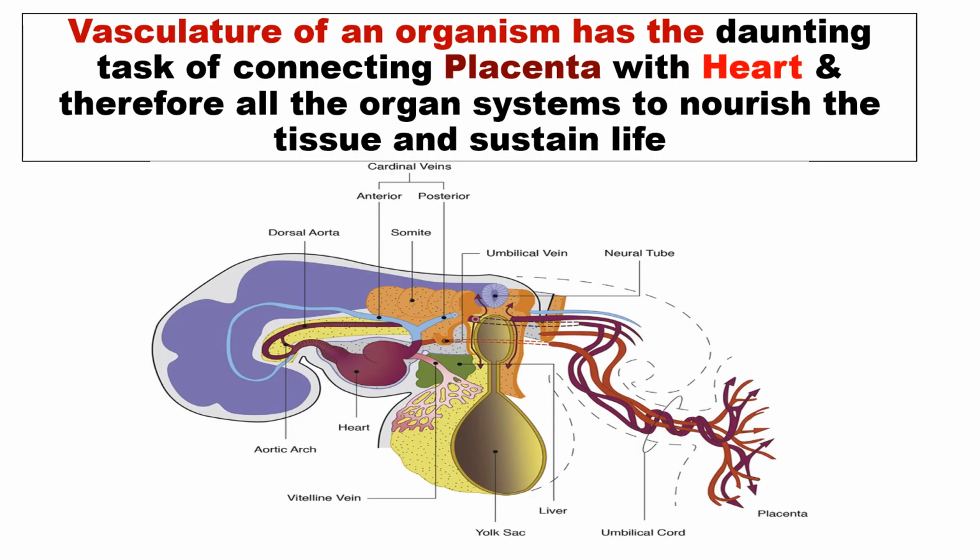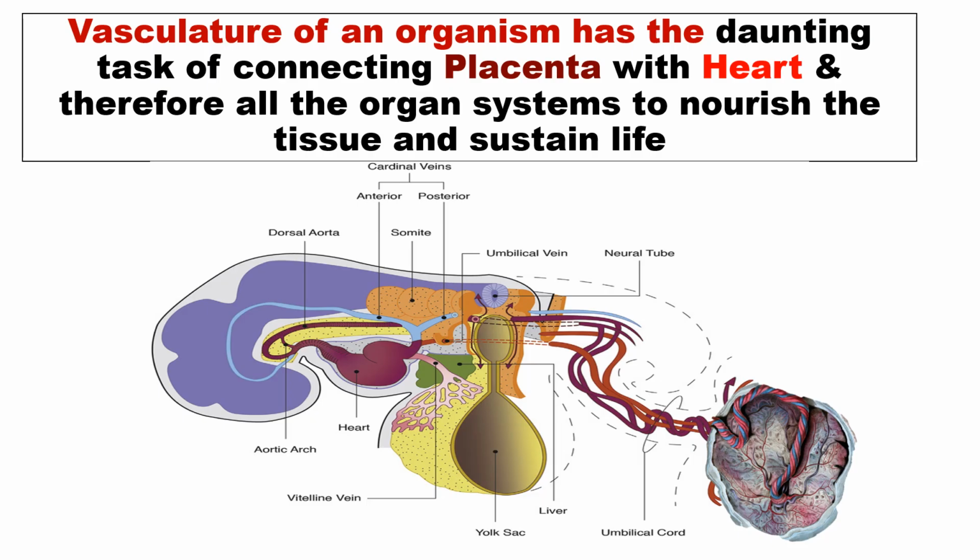The vasculature of an organism has the daunting task of connecting the placenta with the fetal heart and therefore all the organ systems, to nourish the tissue and sustain life.